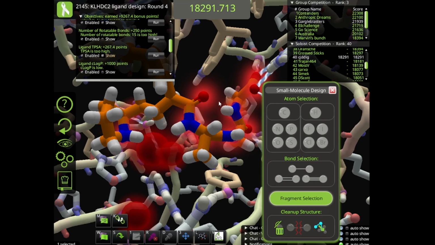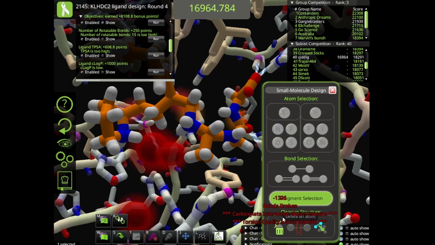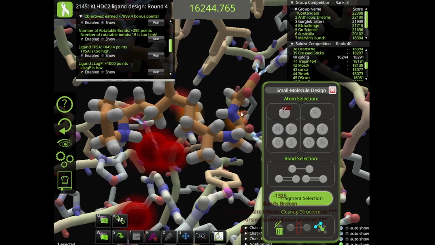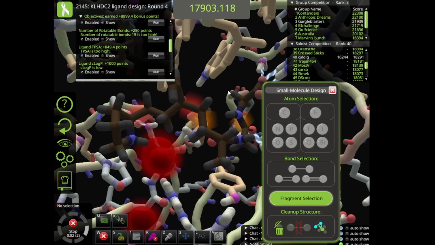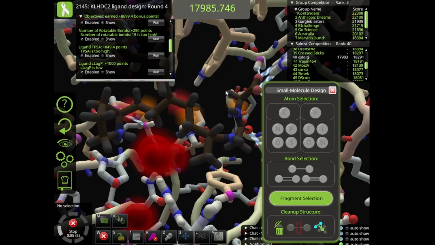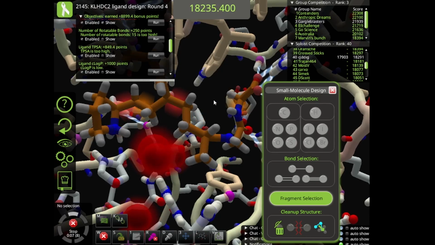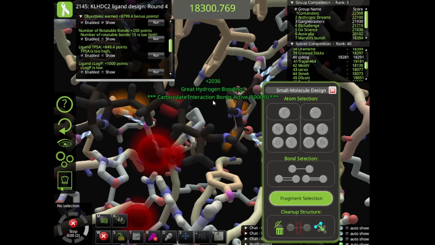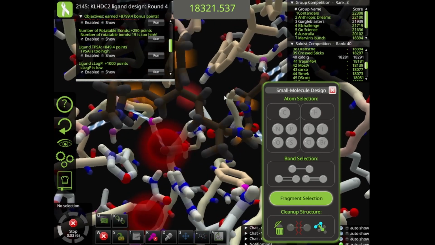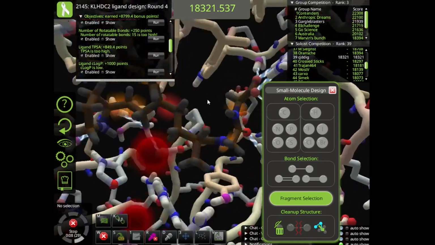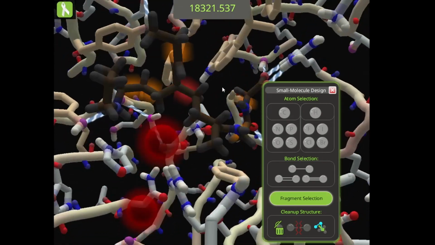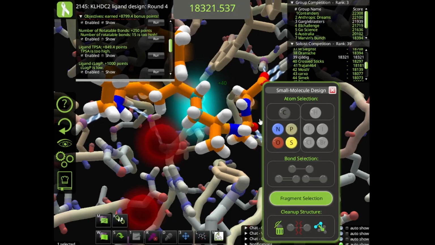TPSA is still too high. I will remove this oxygen and replace it with carbon, but oh, it worked. It worked. I'll make double bonds.